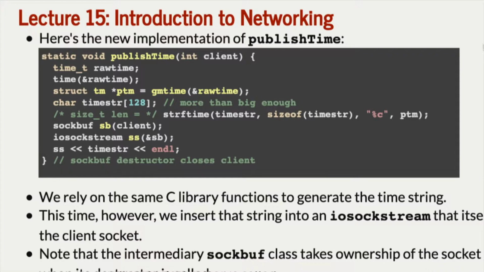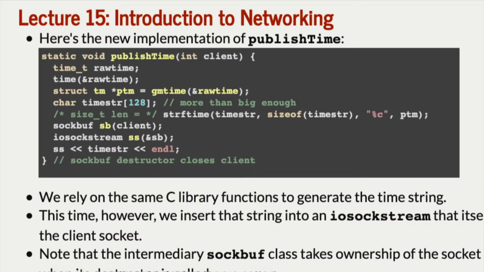What we're going to do is create a socket buff, using this library that we give you. It takes in the client's file descriptor and creates what's called a sock buffer, which does the buffering for you. It does that while loop and uses write and all that.